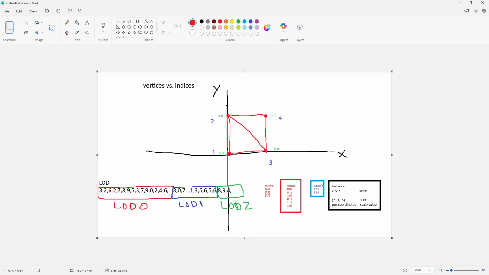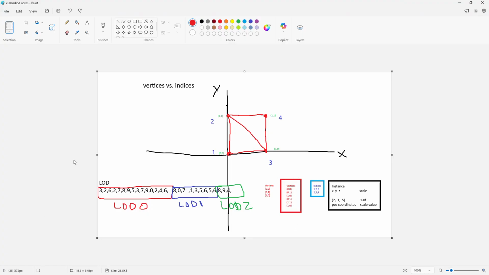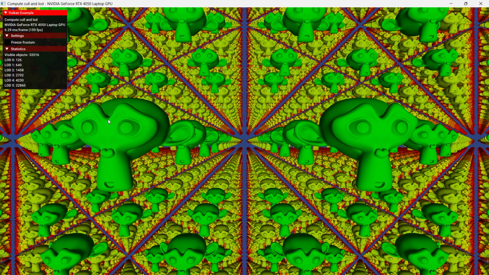But for this one object that we're building, the instance stays the same. So we run through all of this data for the vertices, because it's like 10,000 vertices, but the instance stays the same. So this is instance 1, this is instance 2, this is instance 3, this is instance 276, this is instance maybe 275, this is instance 138.